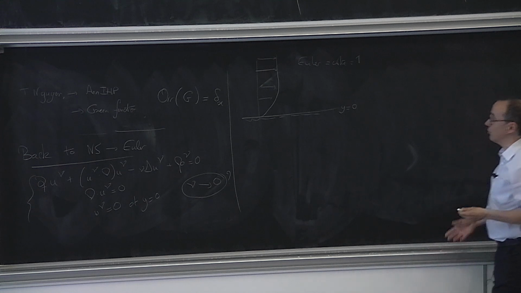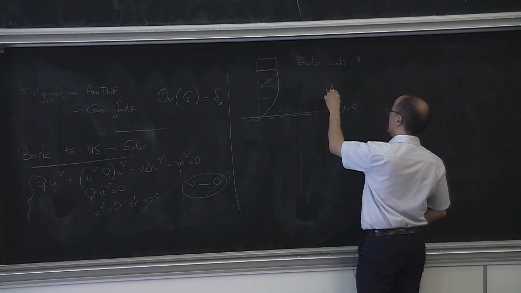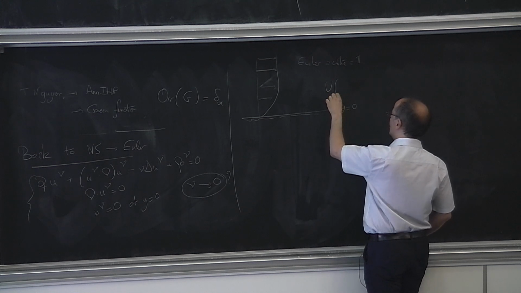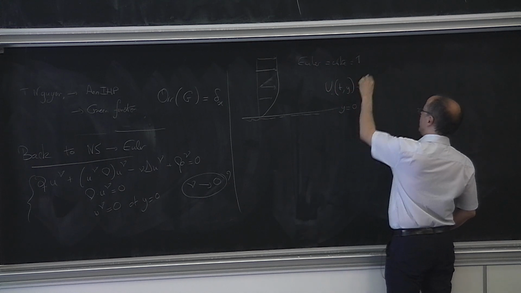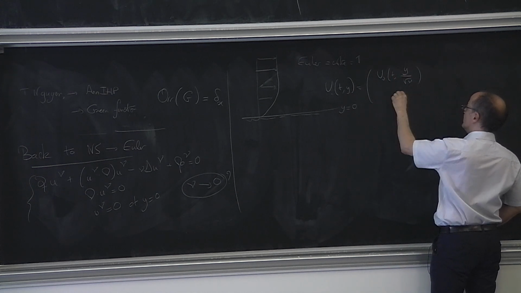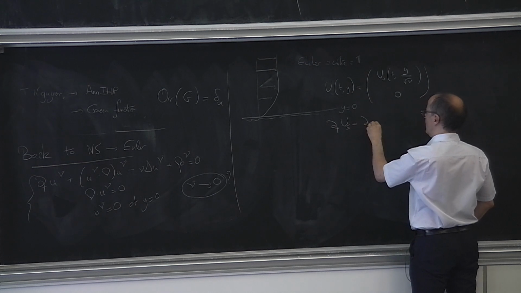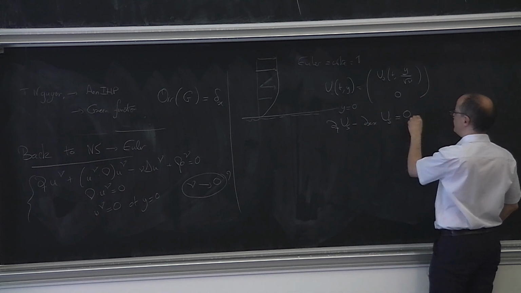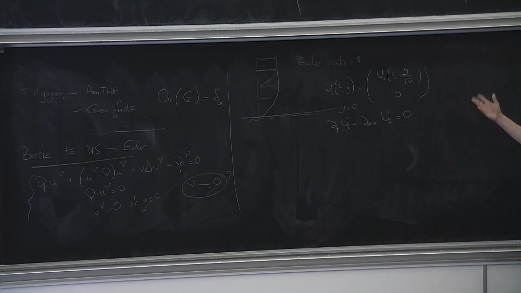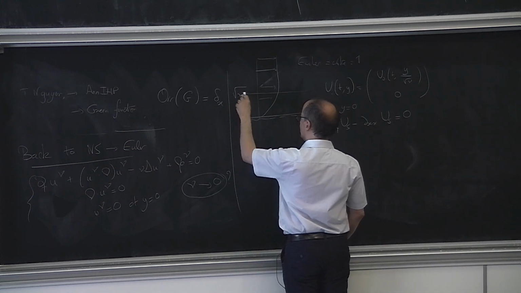In this case, the frontal layer is just a shear layer, and so we want to study particular solutions which are of the form us of t, y over square root of nu, where of course we have the heat equation on us. So basically this is frontal, and that is a very simple case where the Euler component is 1. So we should begin by that. So this is square root of nu.